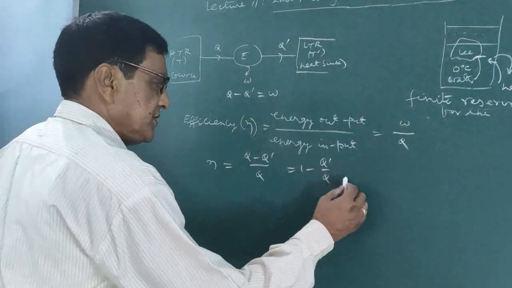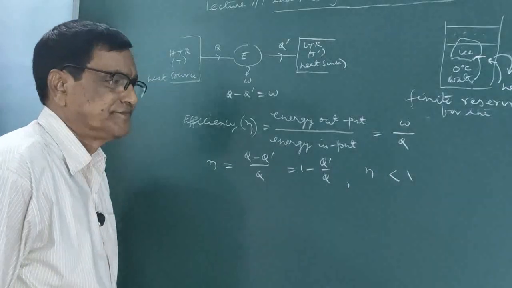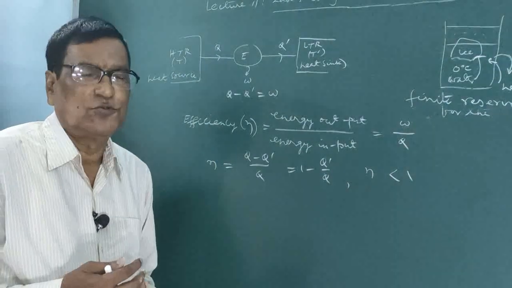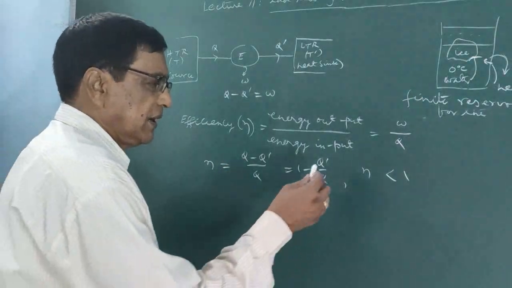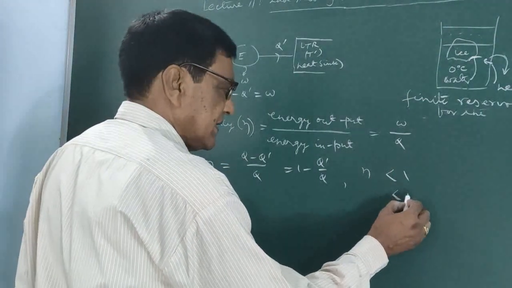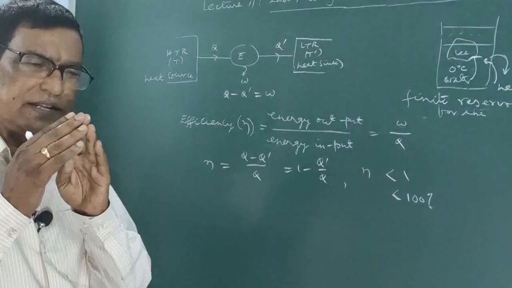So the efficiency will always be less than 1. No engine we can construct whose efficiency will be equal to 1 or it is less than 100%. It is always less than 100%.